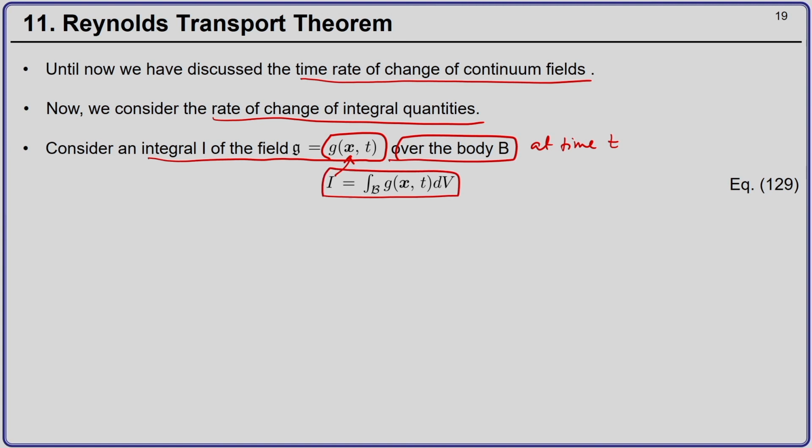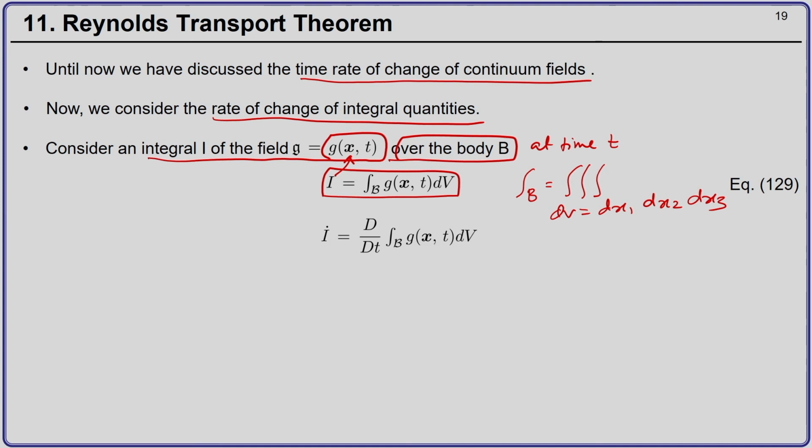I is the integral over B of G(x, t) dV. Okay. So, the integral over B is nothing but the triple integral, and dV is nothing but dx1, dx2, dx3. Okay.